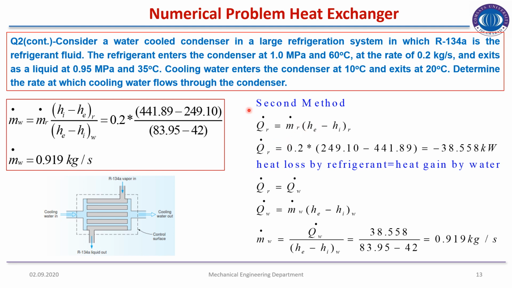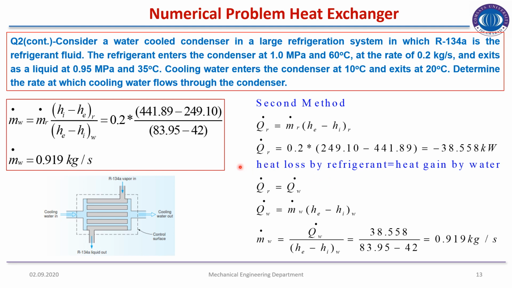The second method is also shown here. You know that the rate of heat transfer is equal to m dot Cp delta T, so H is equal to Cp delta T. We have replaced the Cp delta T term with the enthalpies at the exit and inlet of the refrigerant. So we will find the heat transfer rate for the refrigerant. Here we use the concept of conservation of energy.